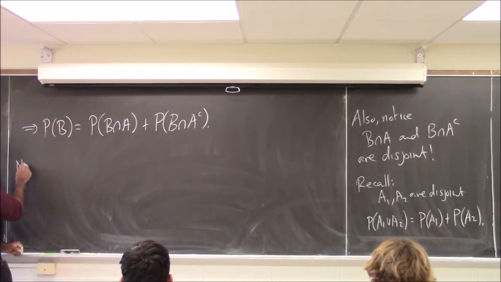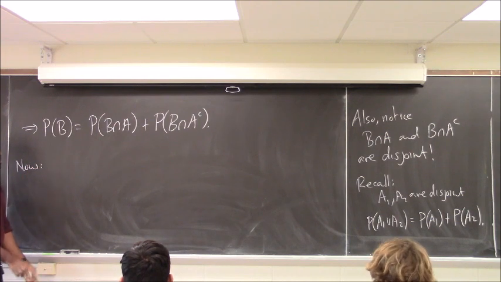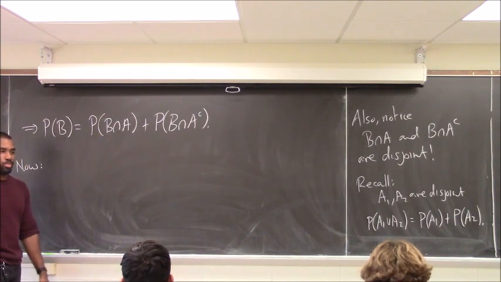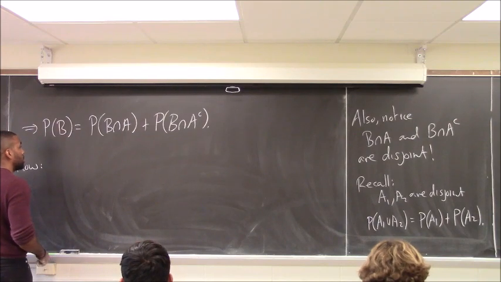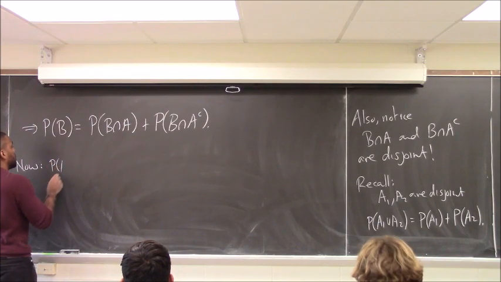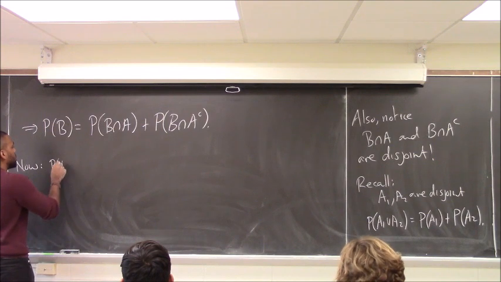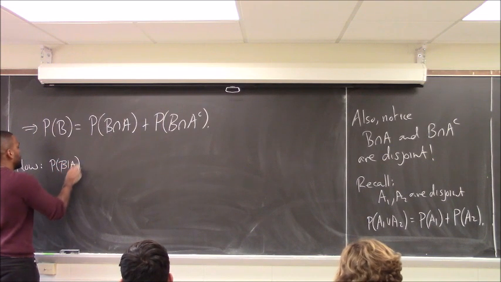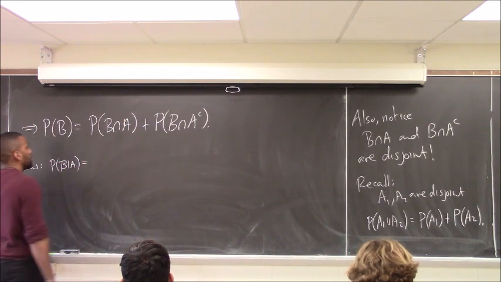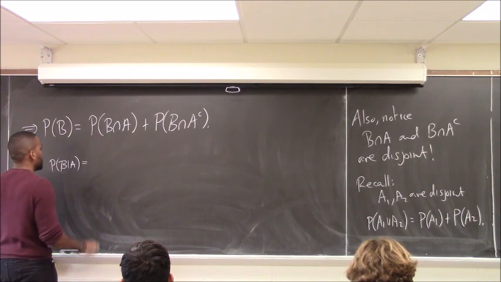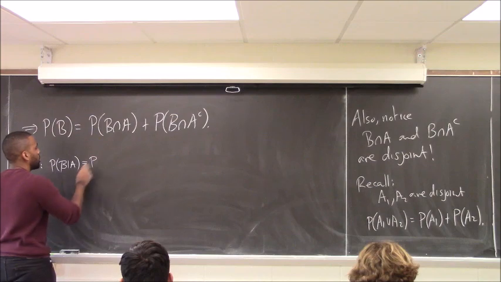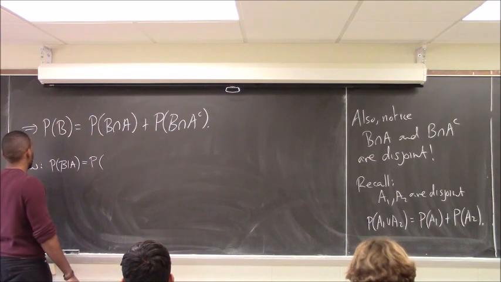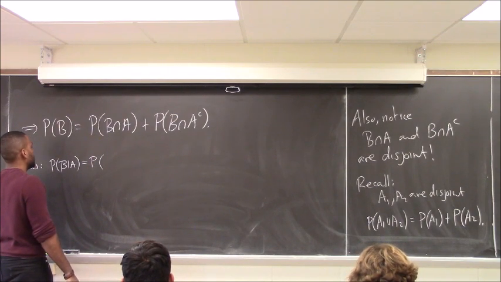Now, I'm going to mix this with conditional probability, just because it's not difficult enough. Okay, so here's what we remember from probability. Let's look at B given A. Now that is going to be equal to the probability, do I want the B given A?